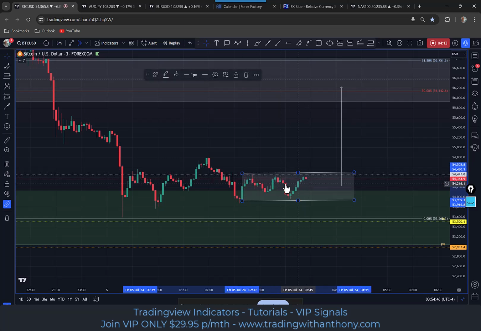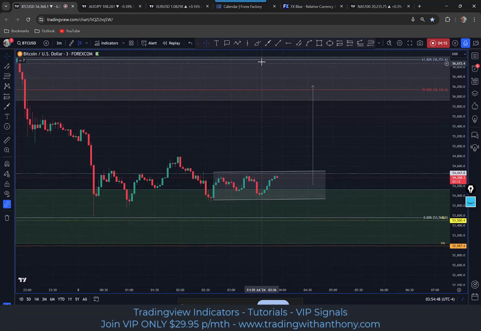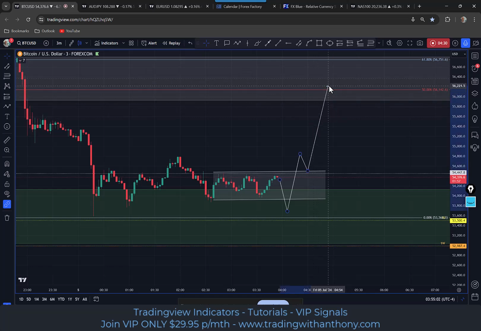And what I want to see here is possibly a dip down, but a break above, retest and fail. And then there's a target: the midway through this imbalance into the equilibrium here, there's 50%.